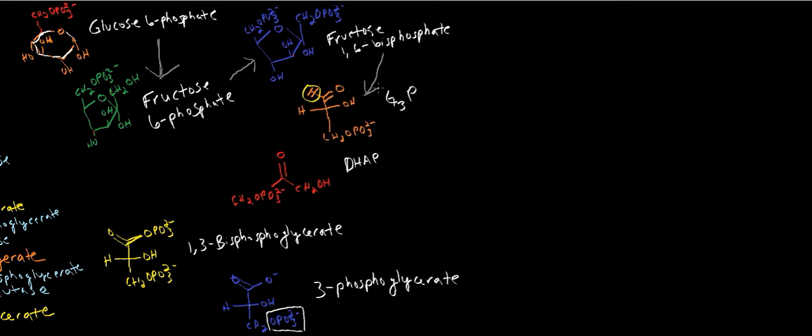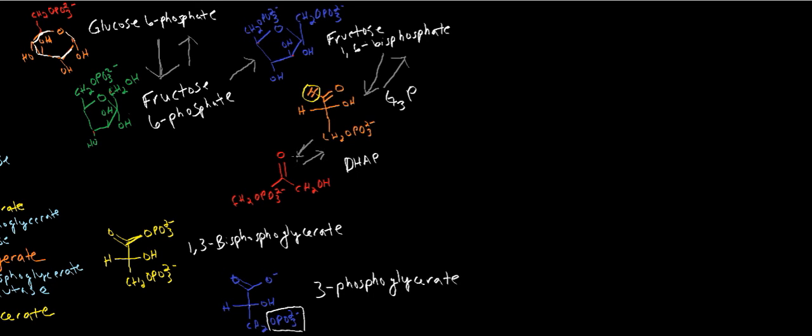And I'll actually draw the reversible reaction. So this is reversible. Nope, it's not reversible. That's phosphofructokinase. So let me actually erase that. This is reversible. There we go. Okay, fructose 1,6-bisphosphate to G3P is reversible, and G3P to DHAP is also reversible.